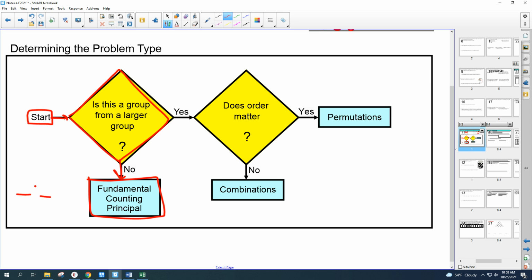And remember, that's the blanks problems like this. But if it is a group from a larger group, you have to ask yourself a second question: does order matter? If it does, then it's permutations. If it does not, then it's combinations. I think that's a useful way to figure out what type of problem it is if you're stuck. So if you're stuck, go back to that.